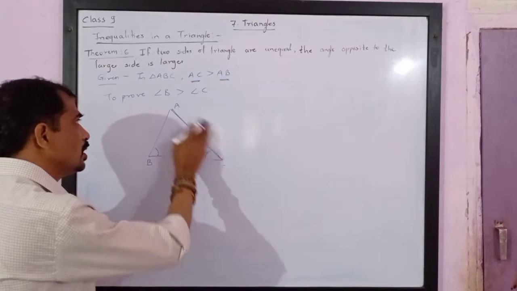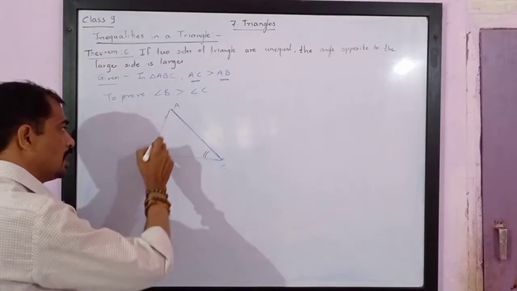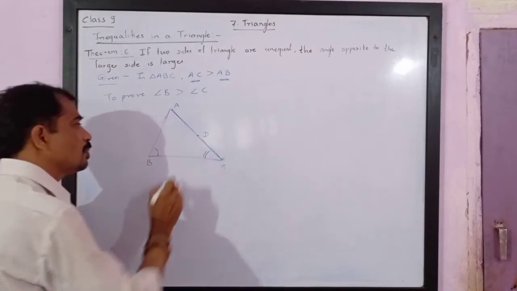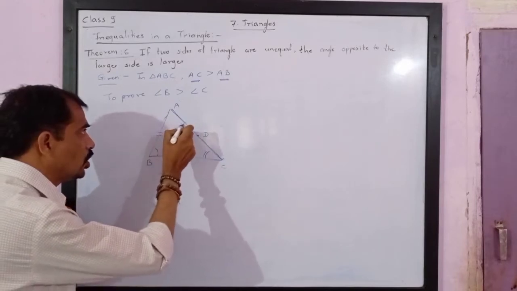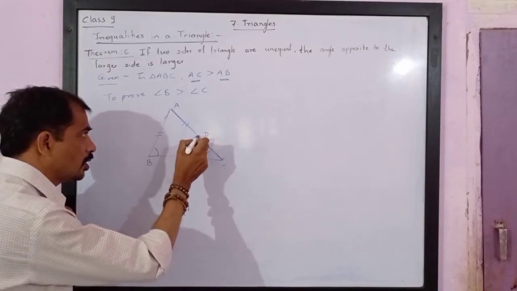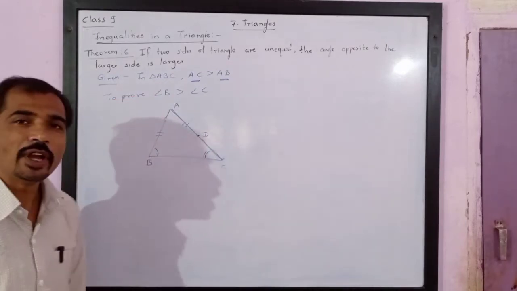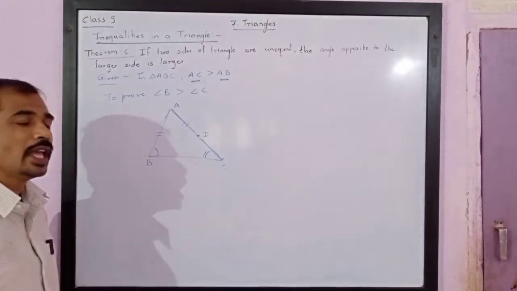Now how to prove this? To prove this, we are going to consider AB and a certain point D on AC such that AB is equal to AD. We know that AC is bigger than AB. It means there exists some point D in such a way that we get AD equals AB.